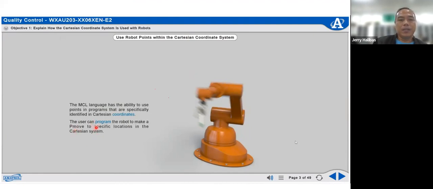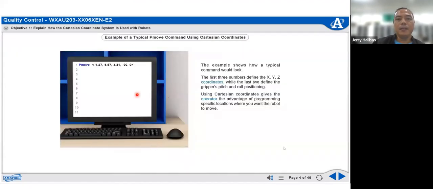So the user can program the robot to make a P move or point move to specific locations in the Cartesian system. For example, you have here P move, angle brackets, negative 1.27, comma 4.27, comma 4.31, comma negative 90, comma 0, then close angle bracket.